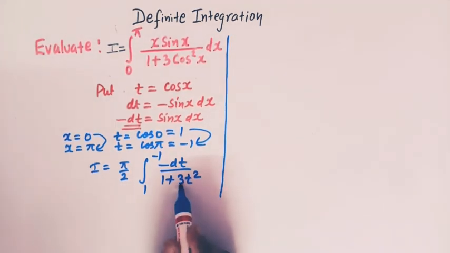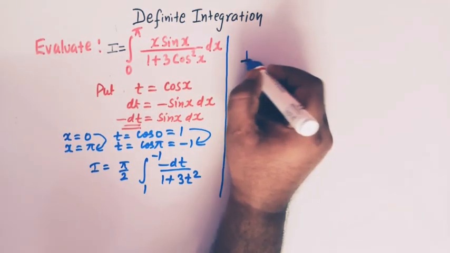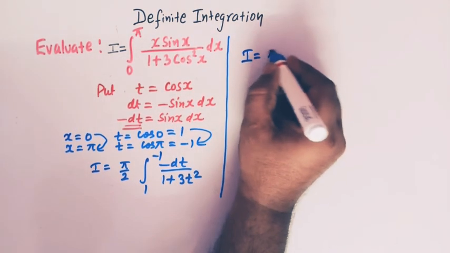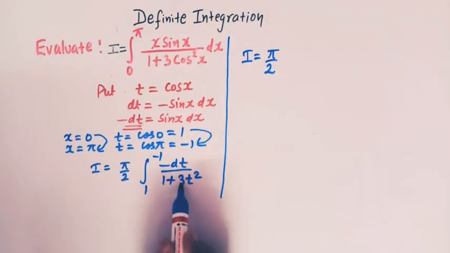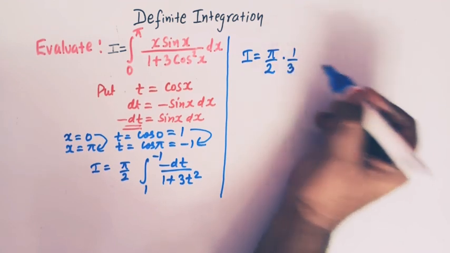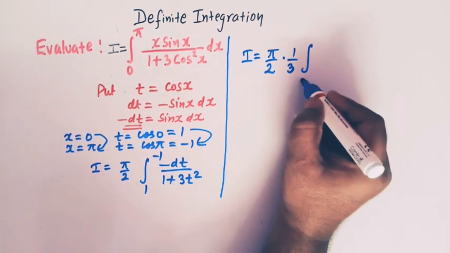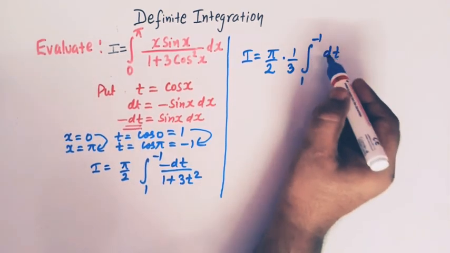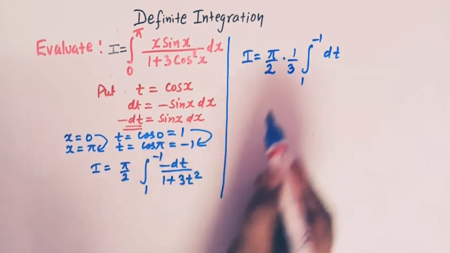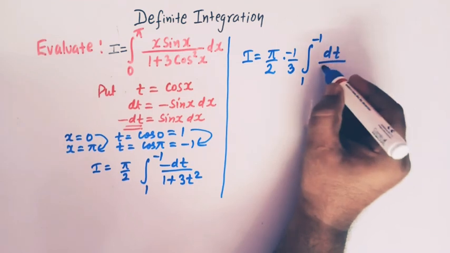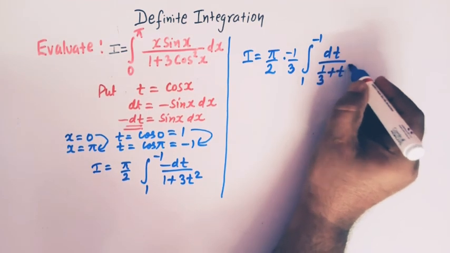Now taking 3 common from these two terms, we have I is equal to pi over 2, and now if we take 3 common, then we have 1 over 3, and we have the limits from 1 to minus 1, and this is dt, and we can also take this negative sign outside this integral, and we have 1 over 1 over 3 plus t square, right?